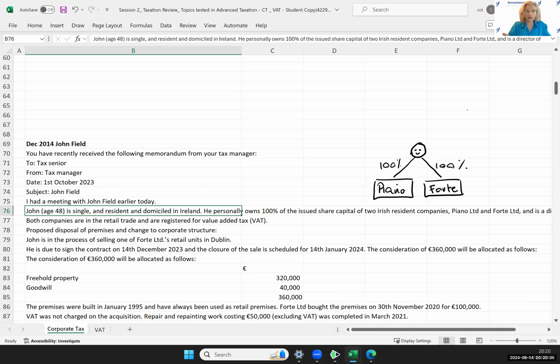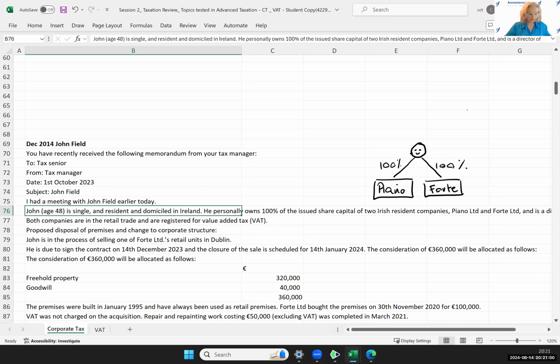In order for companies to be in a group, a company must own at least 75% of the ordinary share capital of another company. So we do not have a corporation tax group here. We simply have an individual who owns shares in two different companies. Those two companies will have to submit their own corporation tax returns.